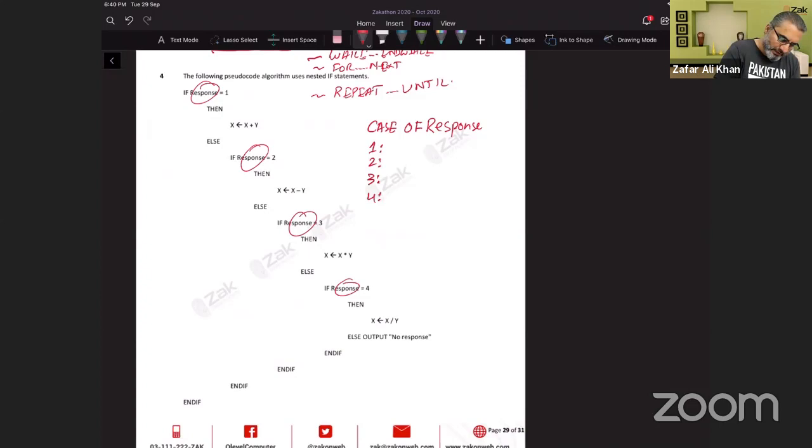So if it is 1, then x is equal to x plus y. If it is 2, then x is equal to x minus y. If it is 3, then x is equal to x multiply y. If it is 4, then x is equal to x divided y.